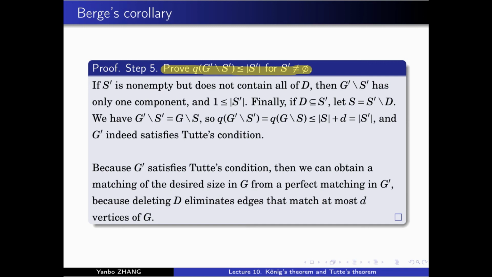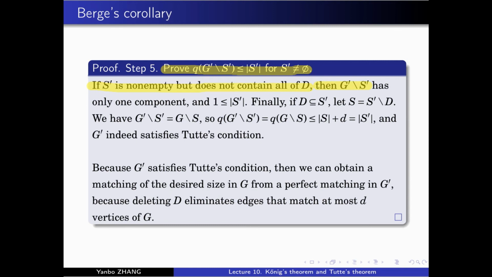In this case, we have two subcases. Subcase 1: if S prime is non-empty but does not contain all of D, does not contain all of the new vertices, then G prime minus S prime still has some vertices from D, and the vertices in D have the property that every vertex is adjacent to every other vertex in the whole graph.